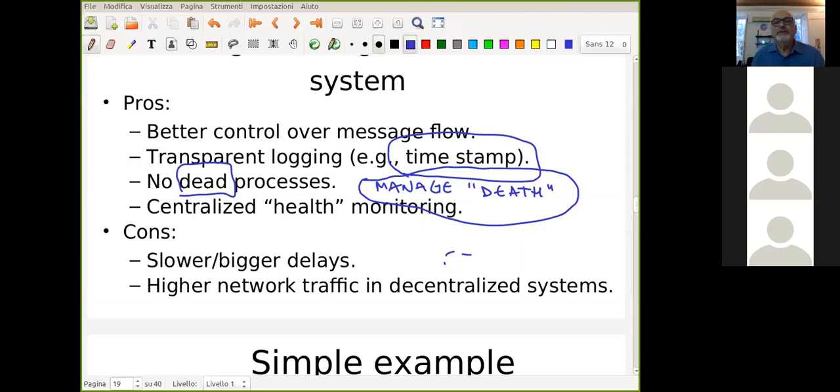So managing the death of some processes should in any case drive the robot to a safety state, maybe a rest state, shut off state, or maybe a recovery state of some kind. And in any case, the log should report everything. So this is related to the health monitoring.